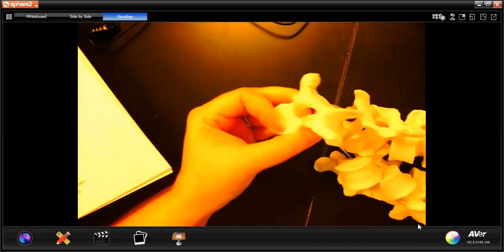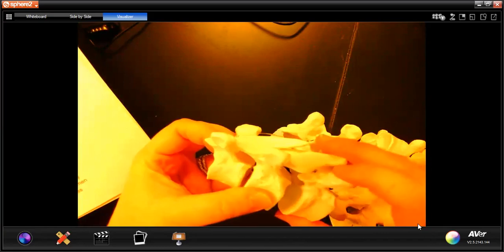These articulating surfaces: the superior ones will connect to the inferior ones. The inferior ones then will connect to the superior ones there. And we do it again there.